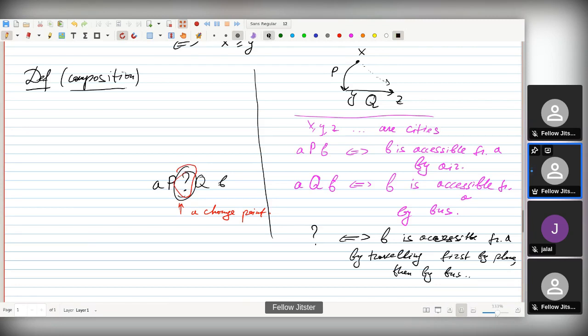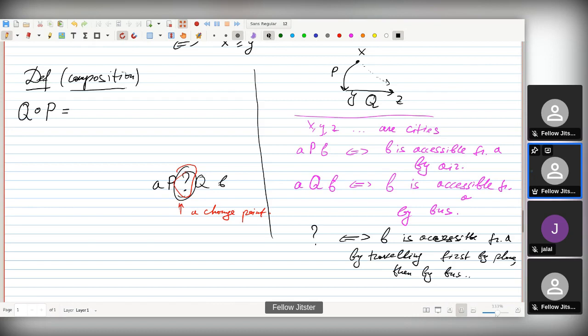So what is it? We may say that AB belongs to... Okay, we shall define the following relation: P composition Q. Please look.